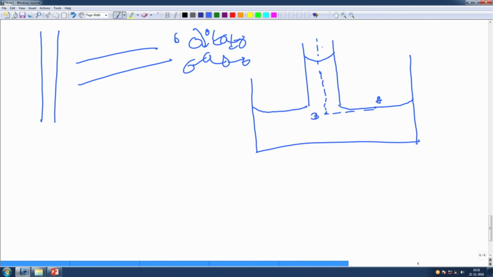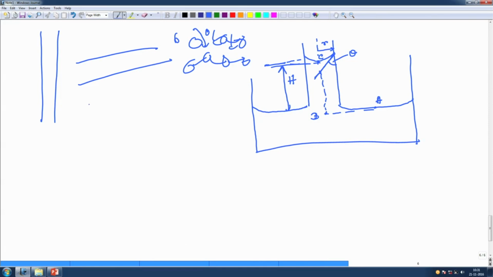This radius is given by small r, and this is the contact angle that it makes, given by theta. And this is a point C, and this is H, which is the height of this liquid column.